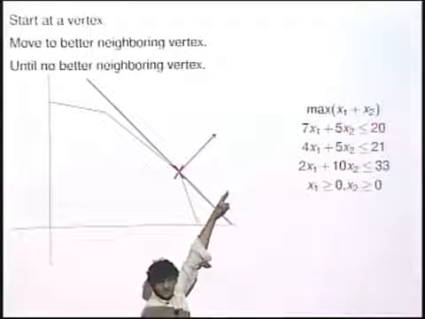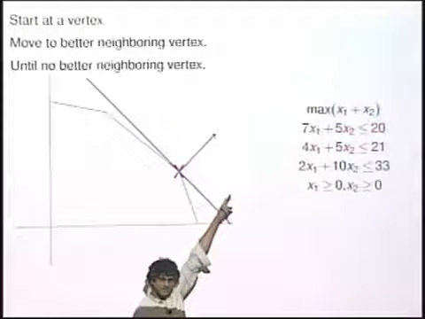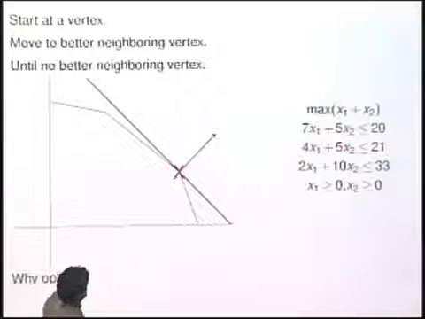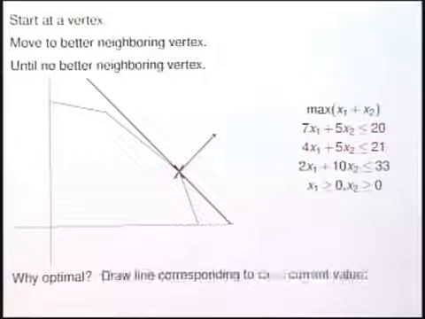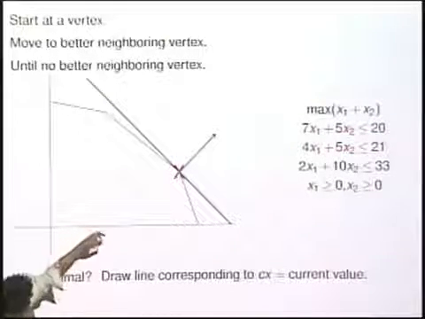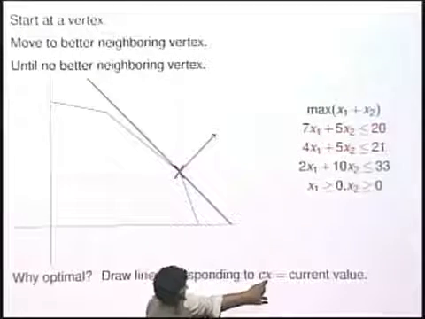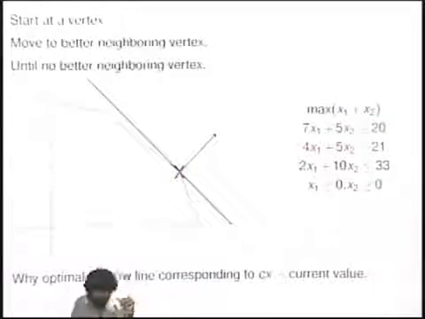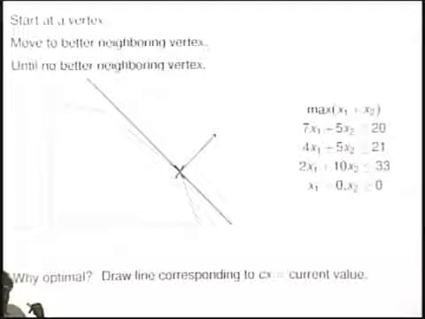Points out here, right? Are there any feasible points here? No. So why is it optimal? Because if you draw this line corresponding to the objective value equals the current value, that's what this blue line is, the whole feasible region is on one side of it.